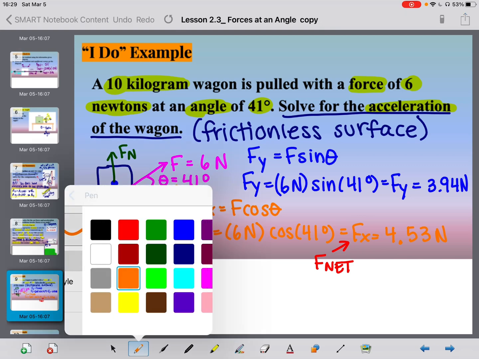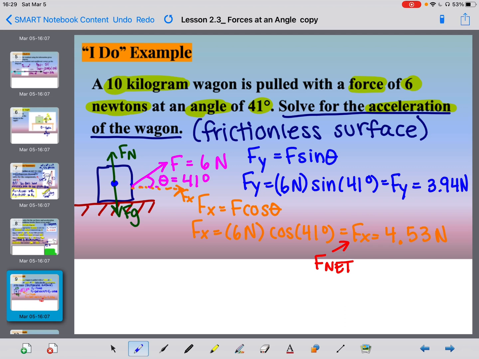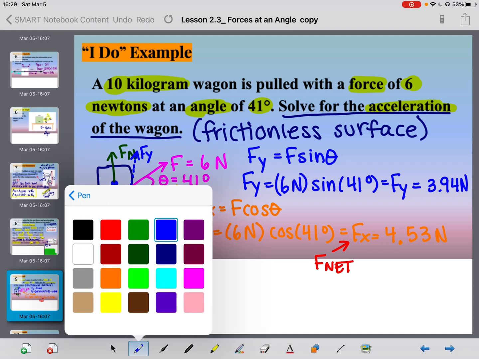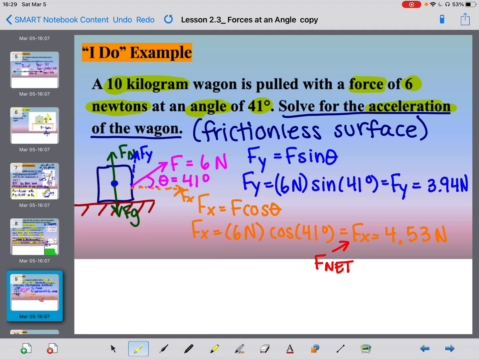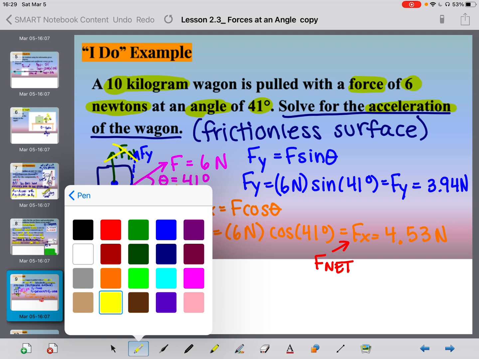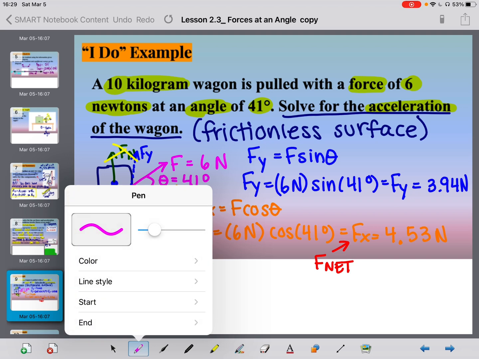Now we'll draw in Fy in blue. That's all it means. That's all it's supposed to look like. All right. And now we have to ensure that our vertical forces cancel out. Clearly, Fg and Fn are the same magnitude, opposite orientation, so they just cancel out. So we don't have to worry about them anymore. So we're just left with this horizontal force, which, like we've said, is now our F net.